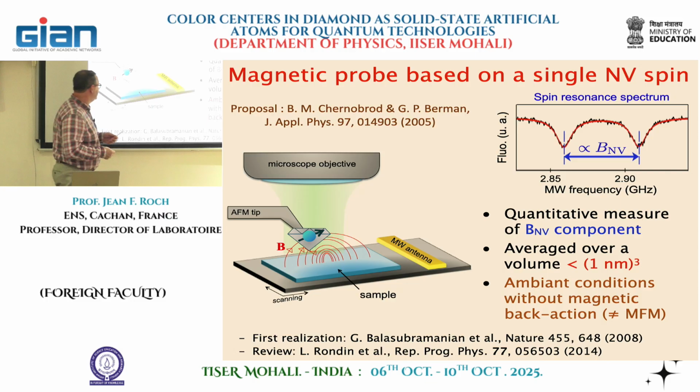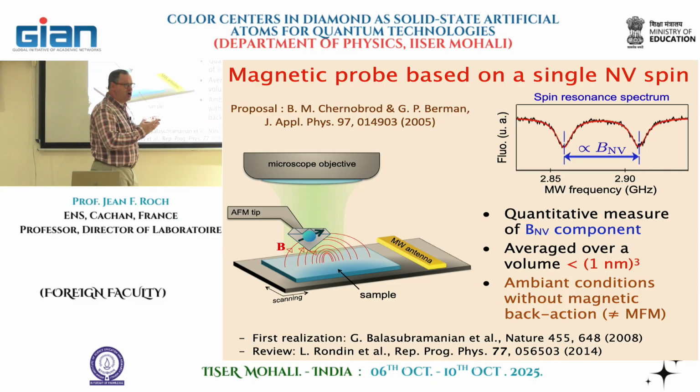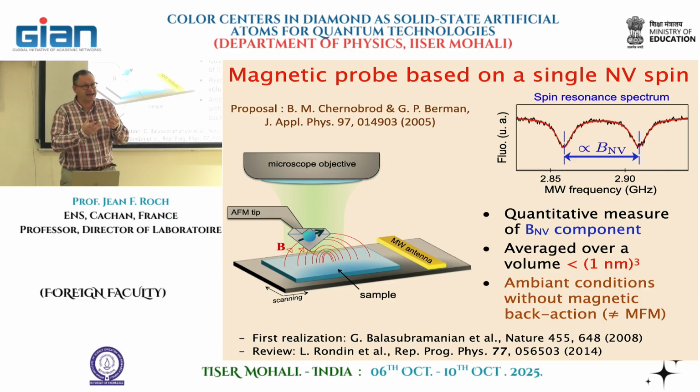What is also important is that you measure the field averaged over a volume which is typically the size of the NV center, and the size of the NV center is a nanometer. So you average the sample over this volume. Again, an important feature is the fact that this nanodiamond is non-magnetic. Otherwise, you would see the response of the nanodiamond.